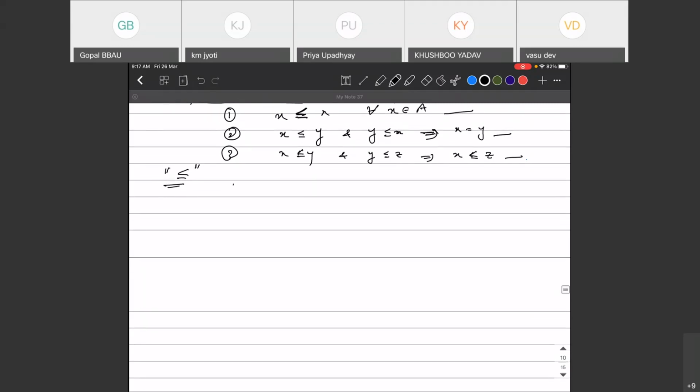So what is a chain? If all elements of a set are comparable.